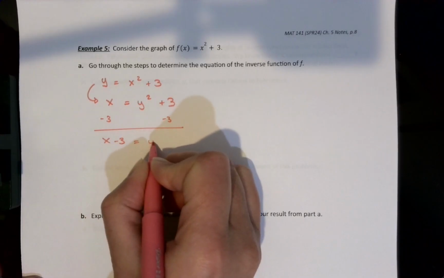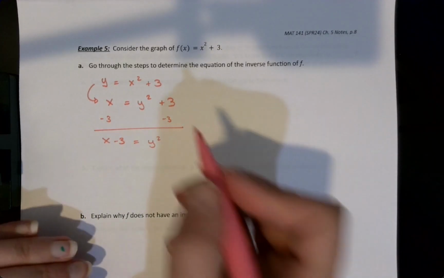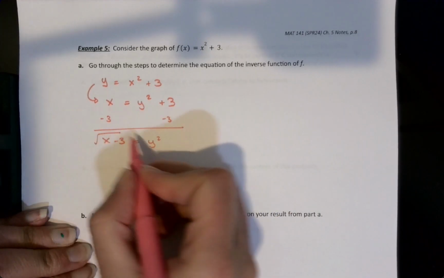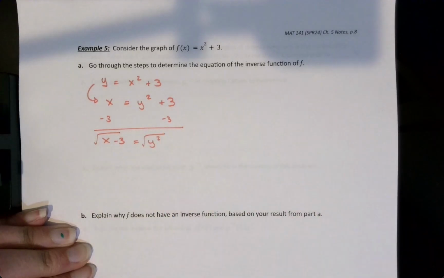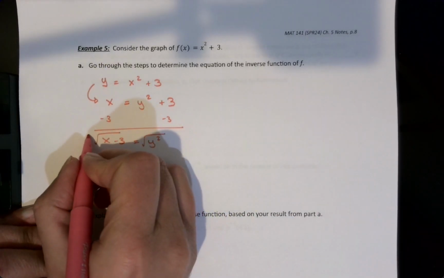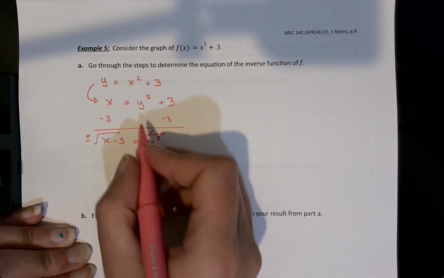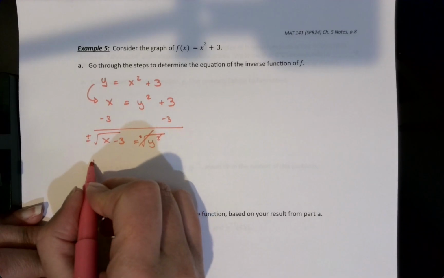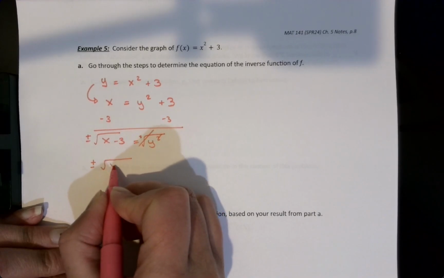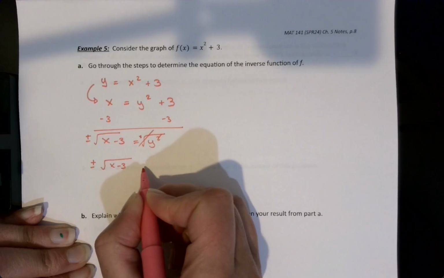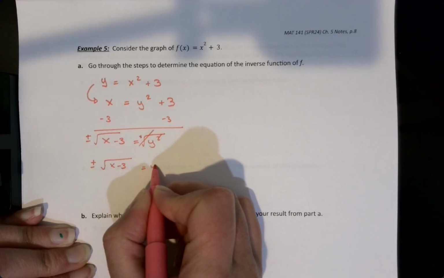X minus 3 is equal to y squared, and then we'll need to apply a square root to both sides in order to get rid of a square. When I do apply the square root to both sides, that's going to give me plus or minus. So I have both positive and negative square root of x minus 3 equals y.